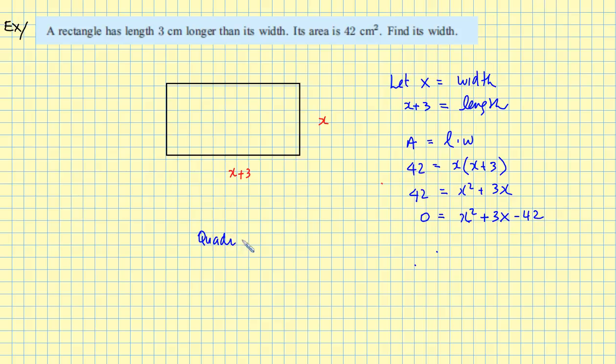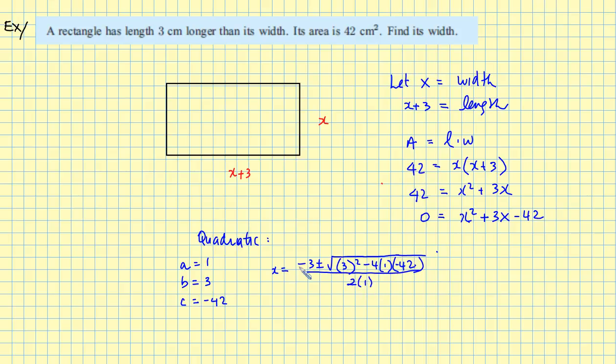So again, I will use the quadratic, and in using the quadratic, I will say my value of A is equal to 1, my value of B equals 3, my value of C equals negative 42, so that it's negative 3 plus or minus the square root of 3 squared minus 4 times 1 times negative 42, and that's all going to be divided by 2 times 1.